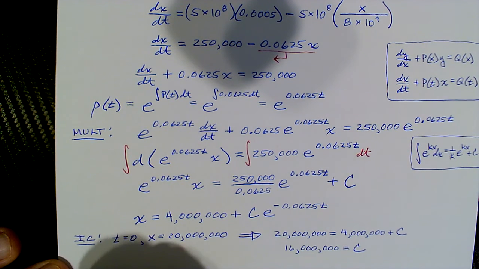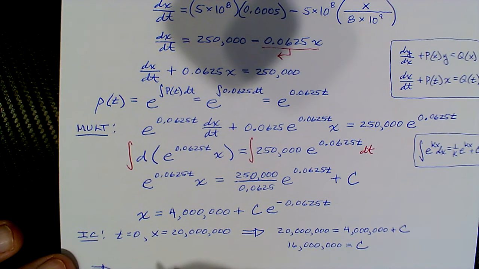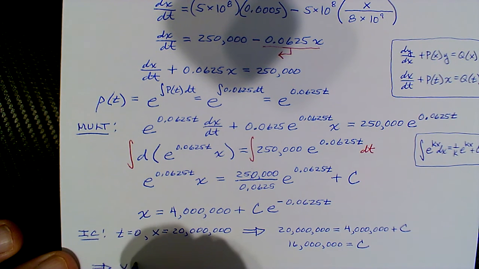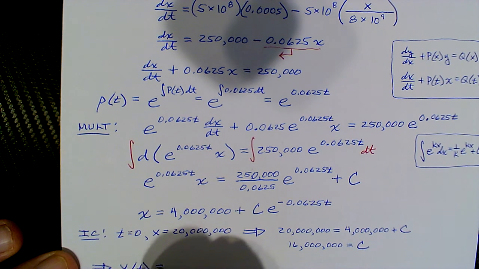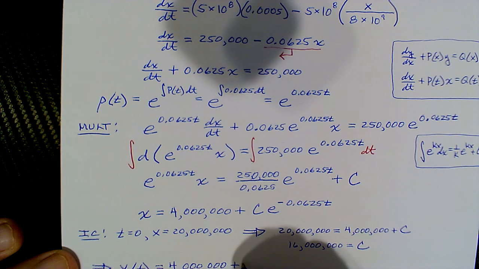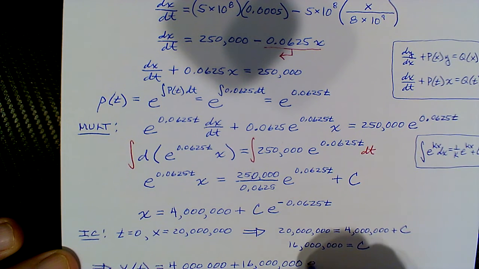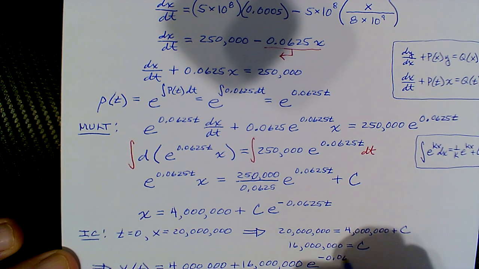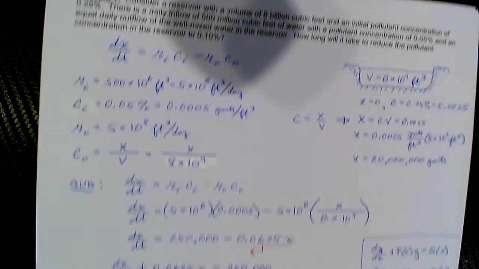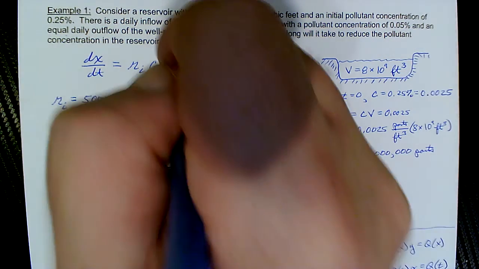Okay, so then that gives us our general equation. Let's call it x of t. So the amount at any time is equal to 4 million plus 16 million e to the negative 0.0625t.